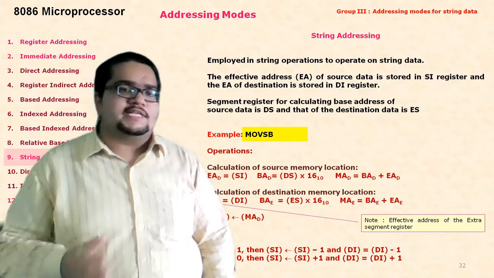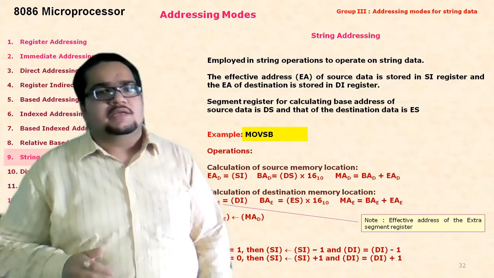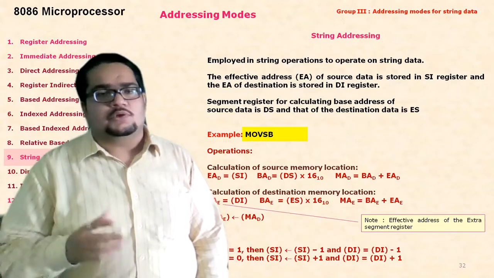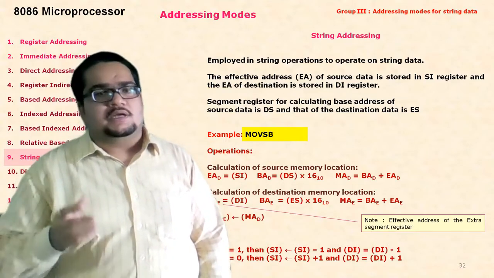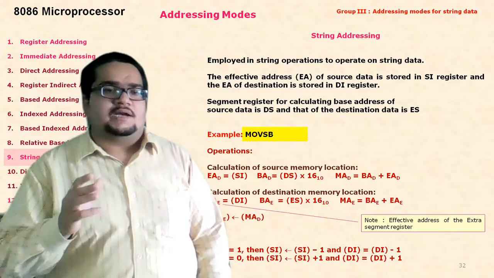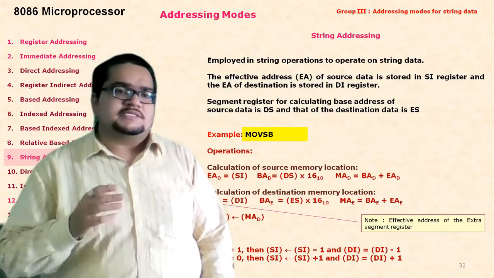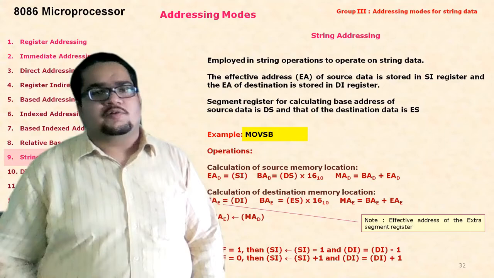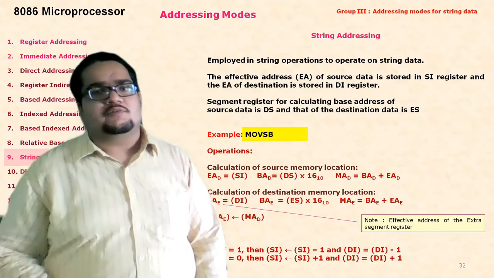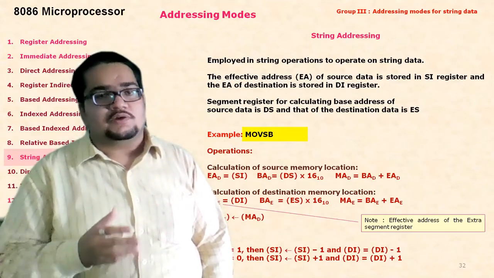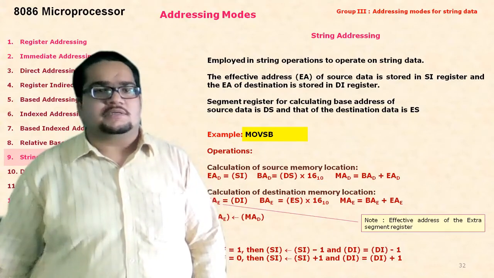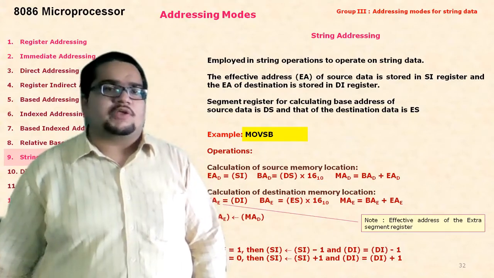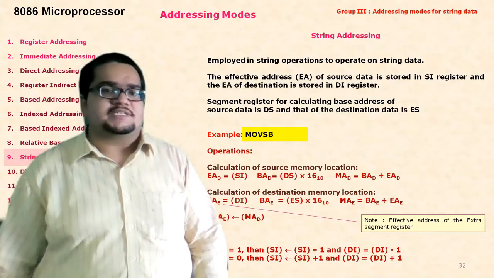They are LODSB, STOSB, CMPSB. LODSB is load string byte, STOSB is store string byte, and CMPSB is compare string byte, and a few more are there. In detail, we will talk about the instructions used for string manipulations in our next class, where we will be talking about the instruction set of 8086.